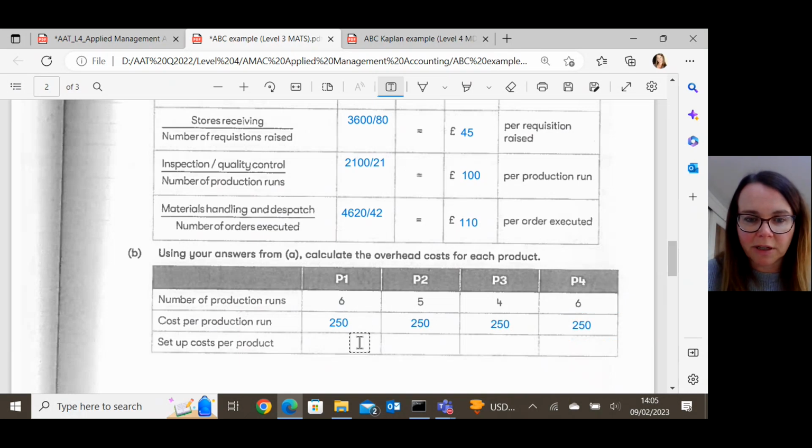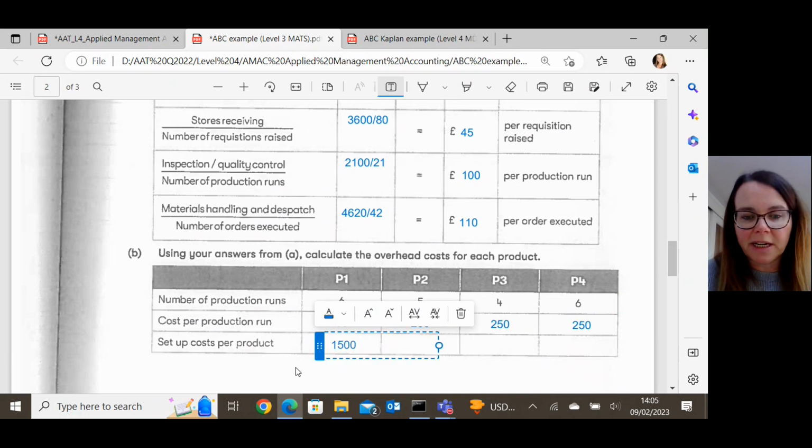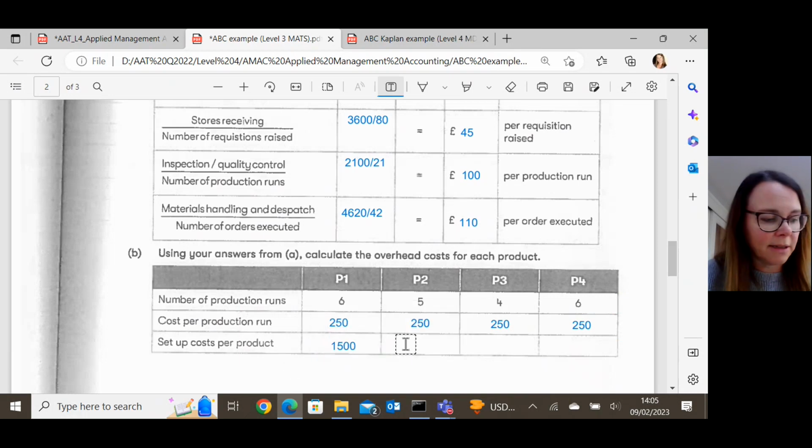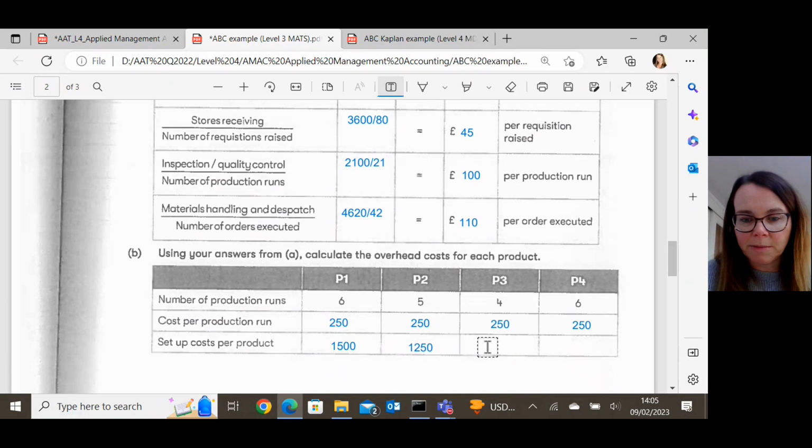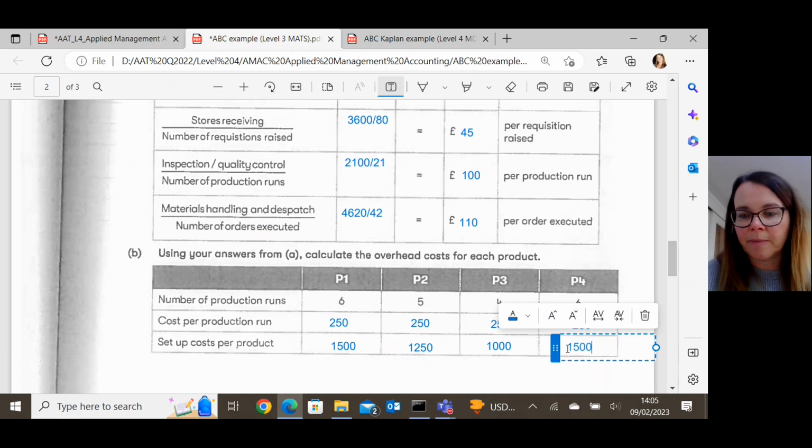So 6 production runs, £250 for each one, gives me a total of £1,500 for product 1. Same approach, 5 times 250, 4 times 250, and 6 times 250.